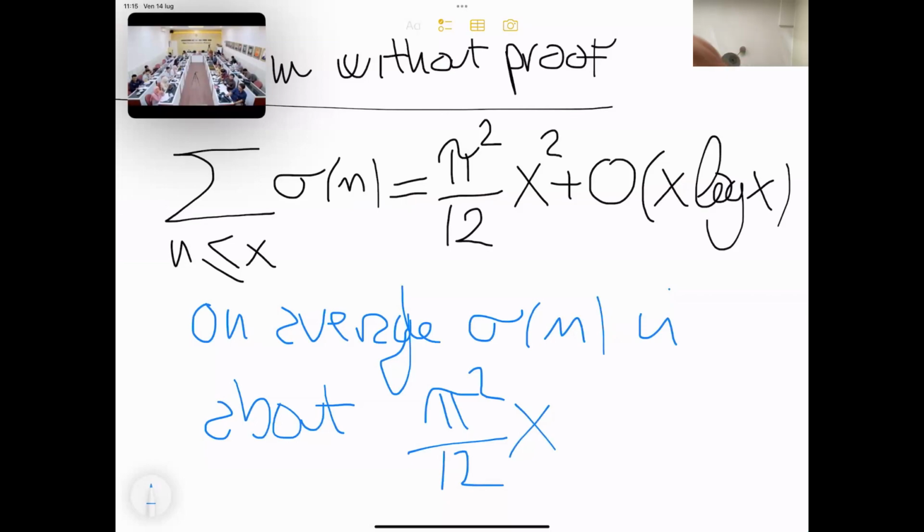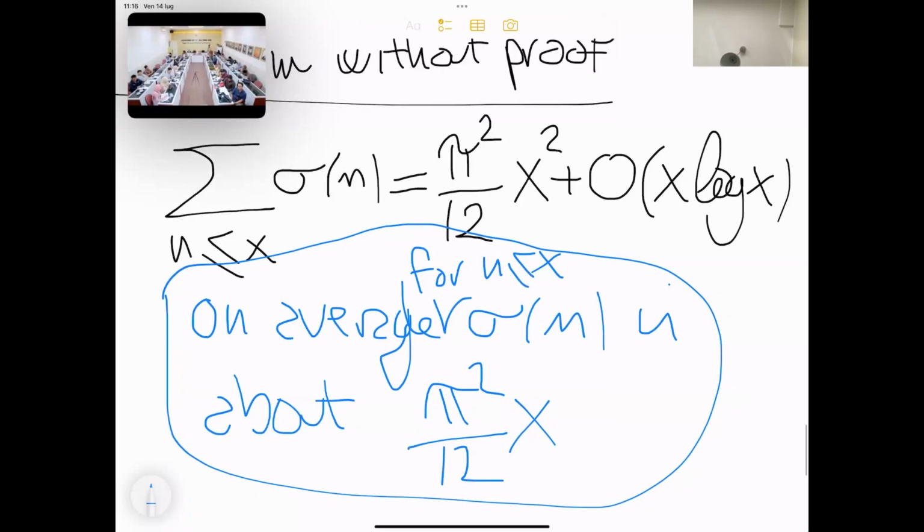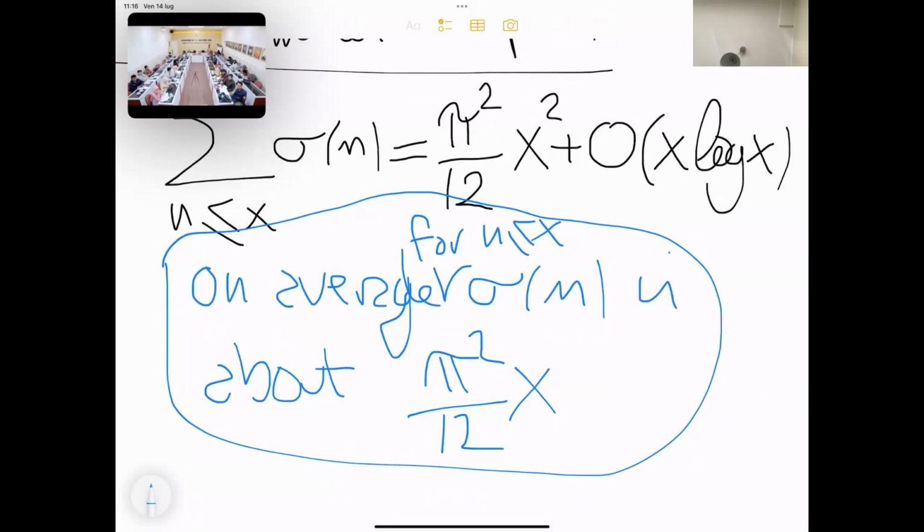So what I mean on average for n less or equal than x, sigma of n is about, so pi squared is around 9, it's more than 9, right? So this is what it's telling you, that on average, this is the value. Okay.